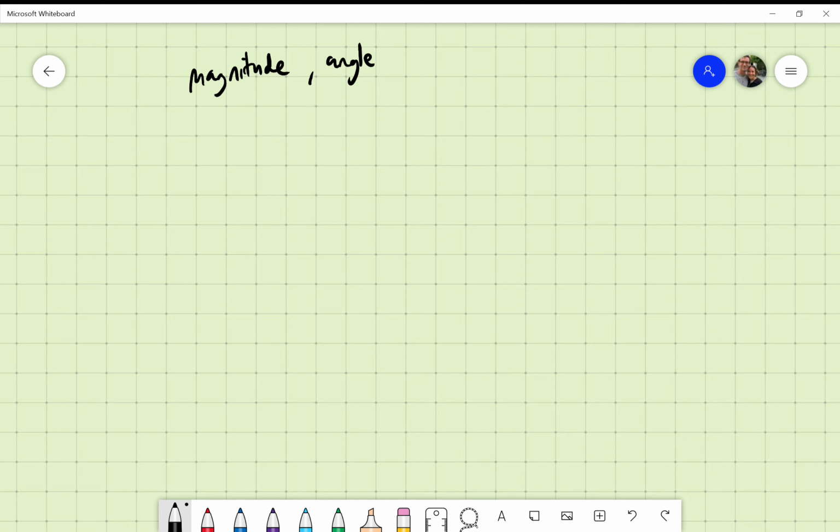So very often we'd be given a vector to begin with a reference line and an angle, maybe it says 70 degrees, and maybe it is 80 newtons. Okay, there it is. Maybe I'll give a point of application as well. So we have the magnitude, 80 newtons. We have the angle, 70 degrees up from horizontal. And so that's fully defined.